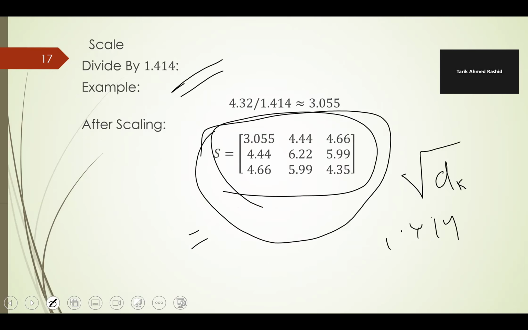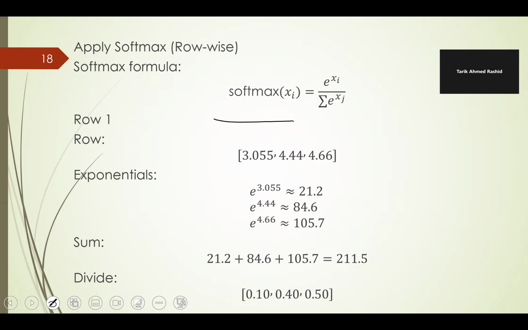Each cell has to be subject to the softmax function: e to the power xi over the sum of e to the power xj. So here, e to the power of this one, which is this, e to the power of this one, which is this, and e to the power of this one. We sum them all, and then each cell is divided by the sum.